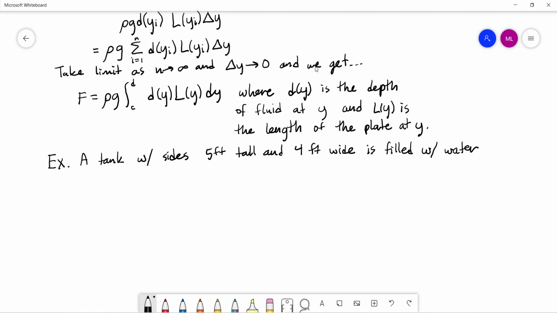And you know what? Let's make our life easy and not use feet. Let's call it meters so that I can use easier constants. So 5 meters by 4 meters is filled with water. We want to find the total fluid force on one side of the tank.